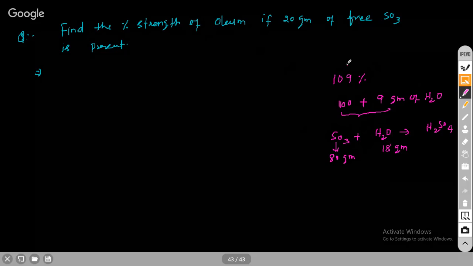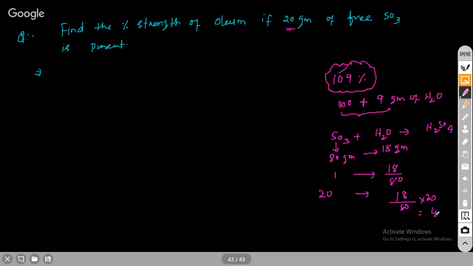So simply, if you have to find out the percentage strength of this oleum, we have to find out what mass of water is required to completely react with free sulfur trioxide, and that will add to 100. So 80 gram of sulfur trioxide reacts with 18 gram. The question has given 20 gram. So one gram reacts with 18 by 80, so 20 gram reacts with 18 by 80 into 20.